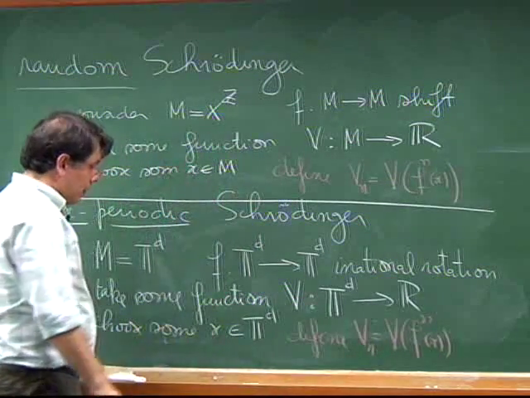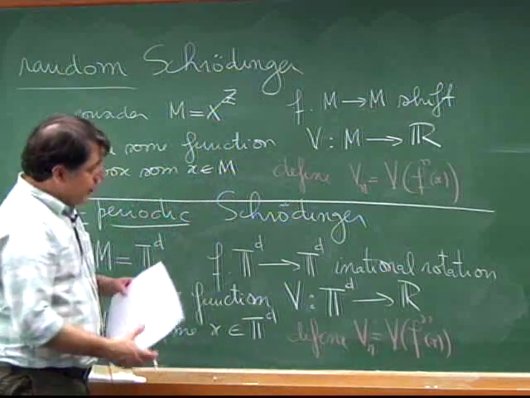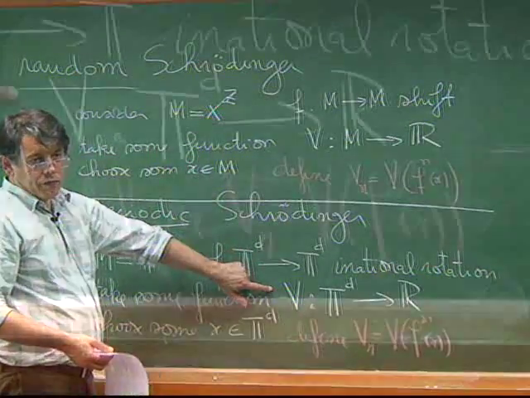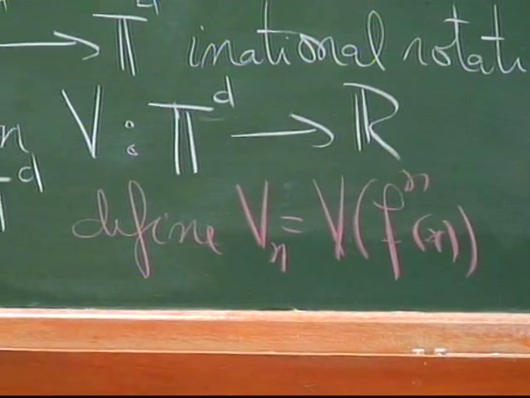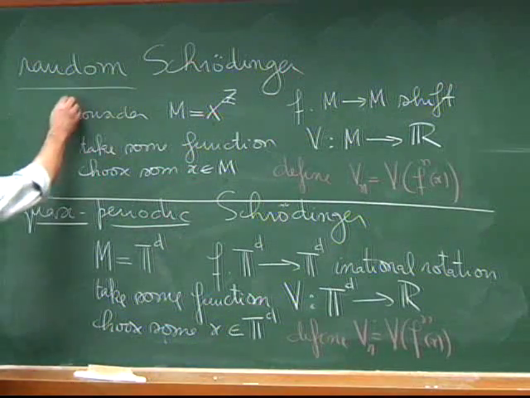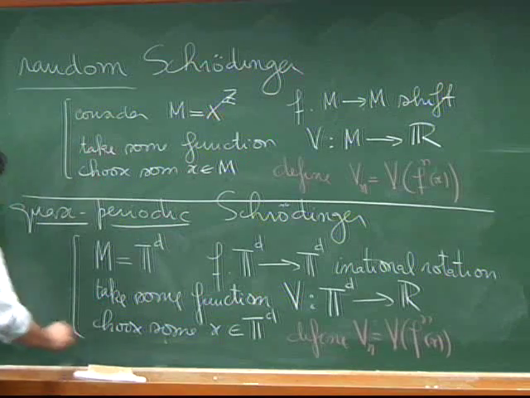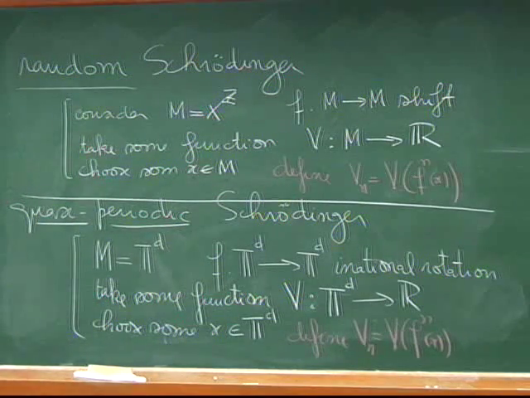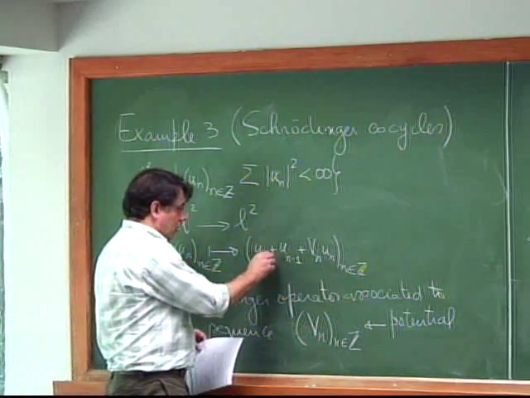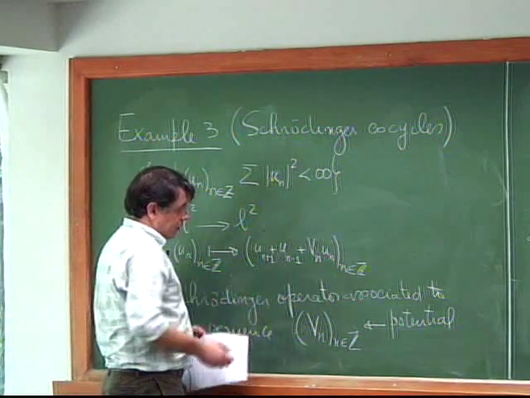For many, many years, essentially all the papers were about d equals 1 and V is the cosine function. Now there's a much more global theory, but I'm not going to use this. I'm just telling you what are the two more popular constructions of the sequence V_n.